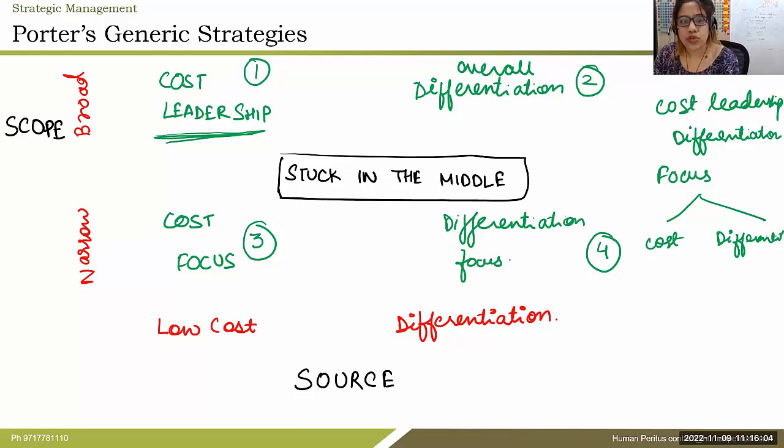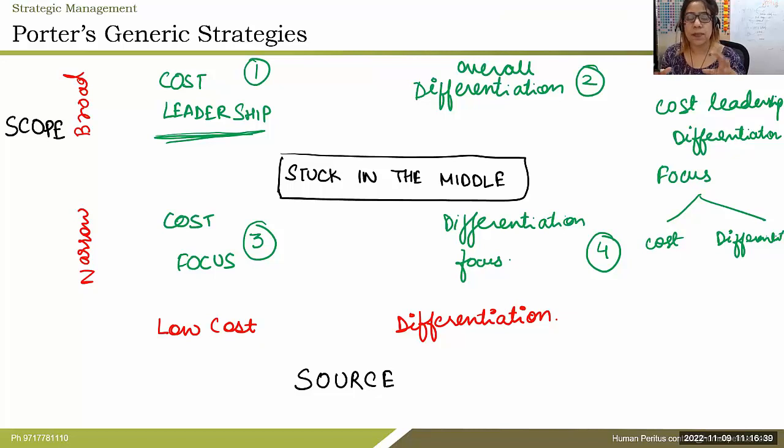But if you try to use all those together, then at times you get stuck in the middle. So from all these three strategies, what suits you best, you have to take one option and use that strategy for yourself. If you say that I want to be a cost leader also, I want to be a differentiation leader also, I want to focus on the niche market and be a cost focus, or I want to differentiate to a specific segment, then you're stuck in the middle.